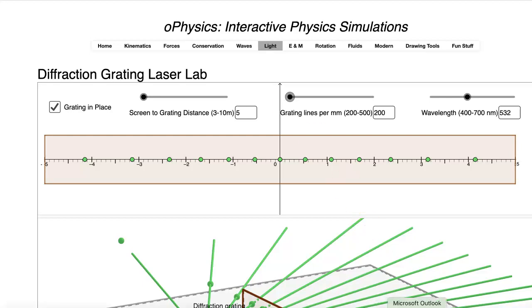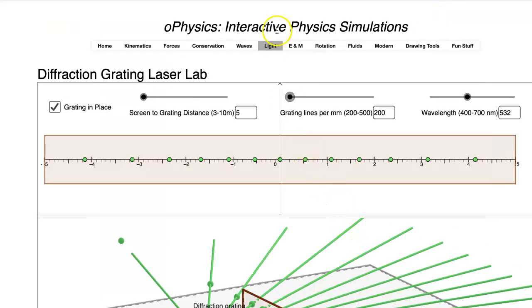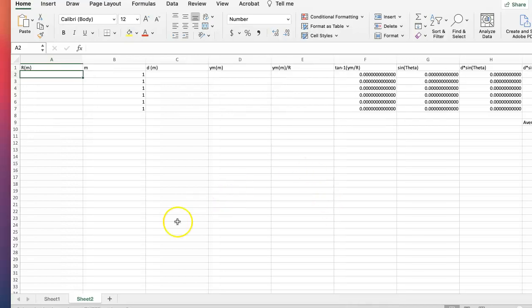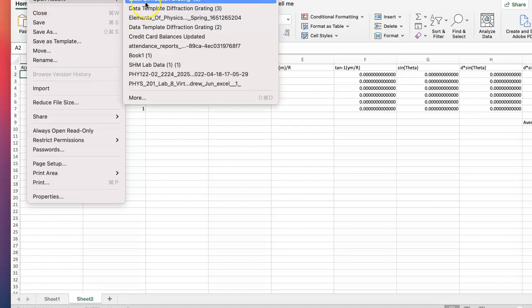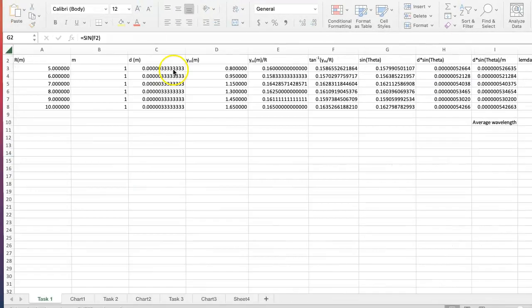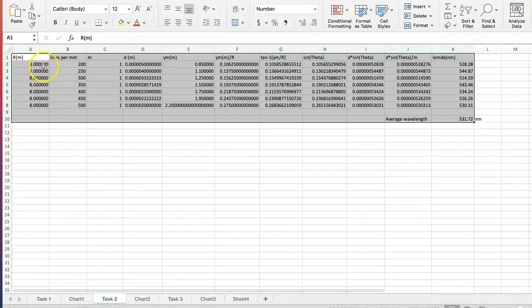Then when I go to my Excel sheet, this is my task number 2.